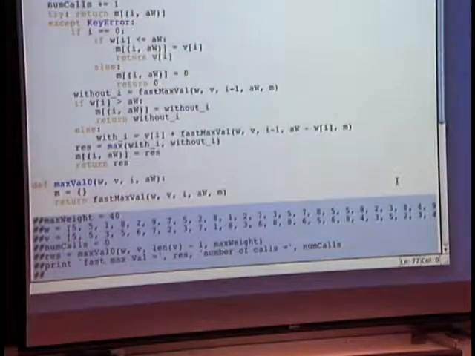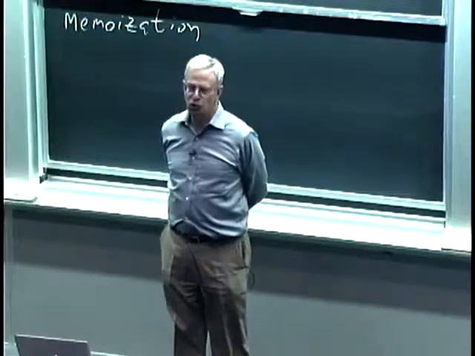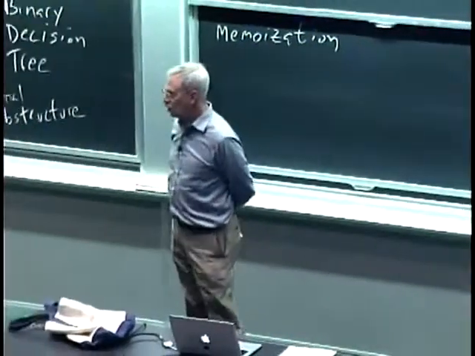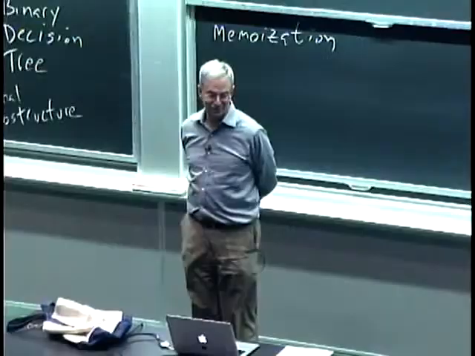We did that, and all I did was take the original code and keep track of what I've done and say, have I computed this value before? If so, don't compute it again.